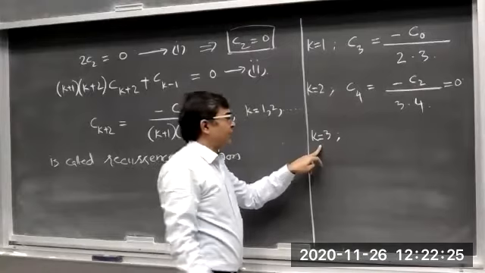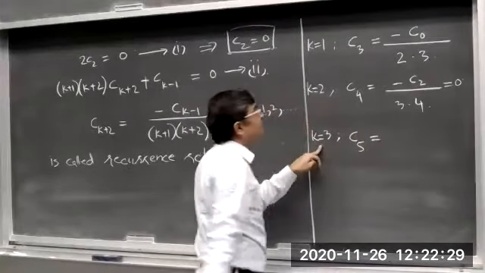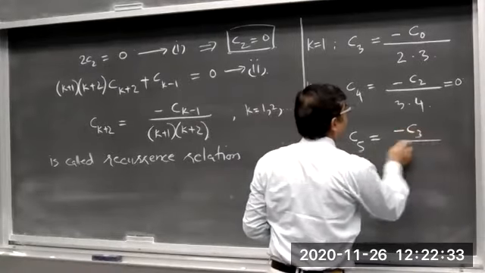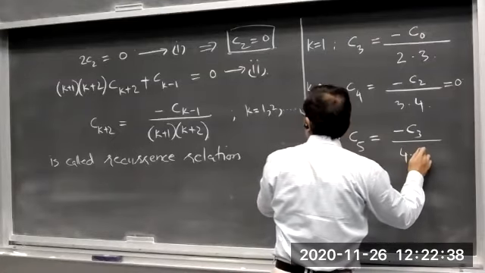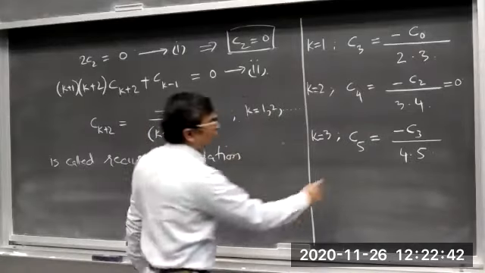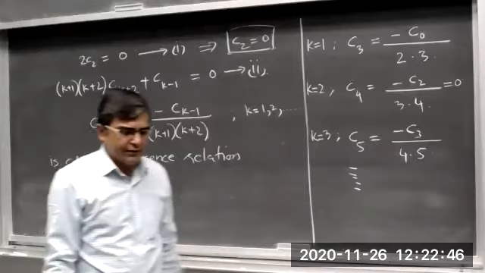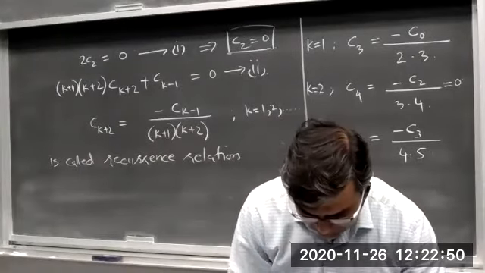So when we put k is equal to 3, we obtain c5, and it is equal to negative c3 divided by 4 into 5. Similarly, and so on, we can find many other constants, and we can write finally the series.